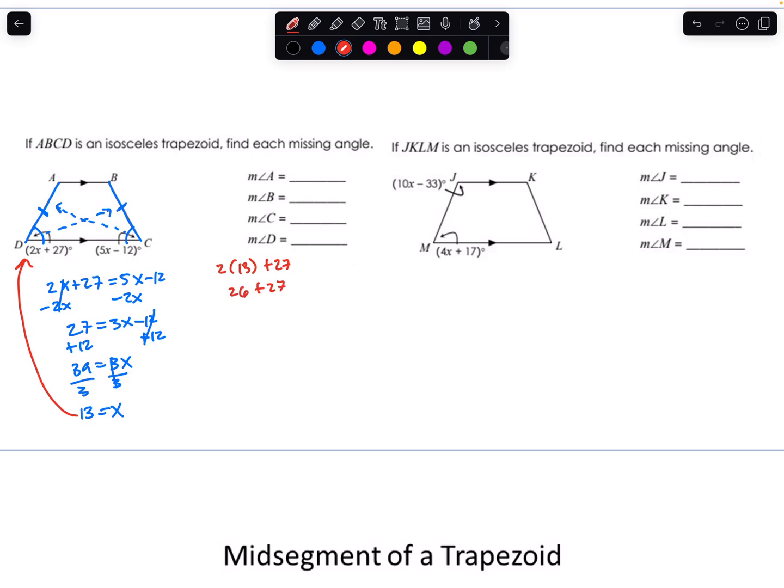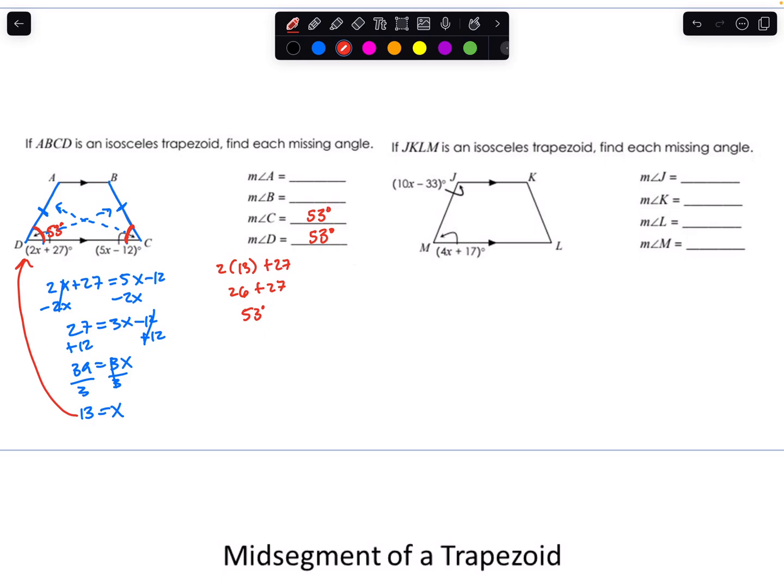When I add 27 to that, I'm going to get 53 degrees. This measurement is 53 degrees. So angle D is 53. Since the two base angles are congruent, angle C is also 53 degrees.